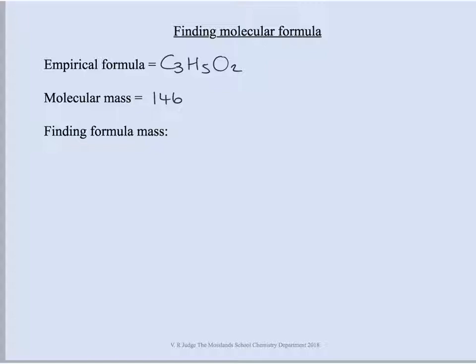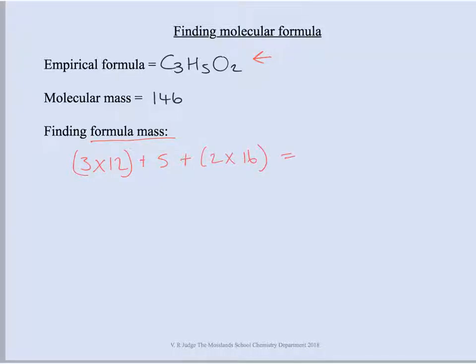So we need to find the relative formula mass of the compound, given its empirical formula and its molecular mass. So the first thing to do would be to work out its empirical mass. So if this were to be its molecular formula, what would its molecular mass be? So we've got 3 times 12 for the carbons, plus 5, which are your hydrogens, plus 2 lots of 16 for your oxygens.